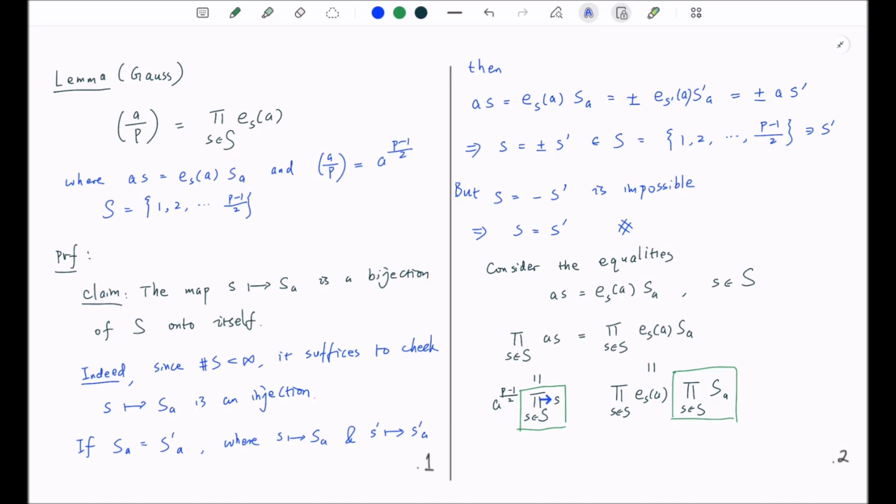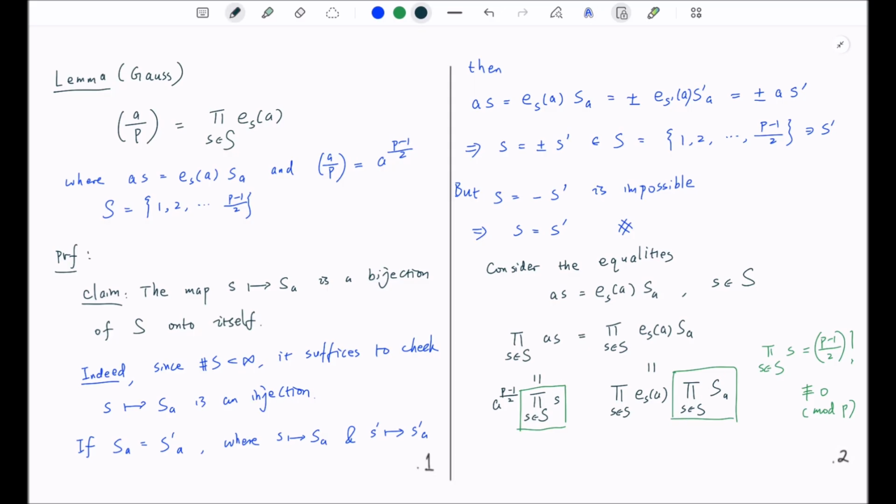And this product is also non-zero, because it is equal to (p-1)/2 factorial. So this product is coprime to p, and thus cannot be equal to 0 modulo p. So it is safe to cancel this thing from both sides.